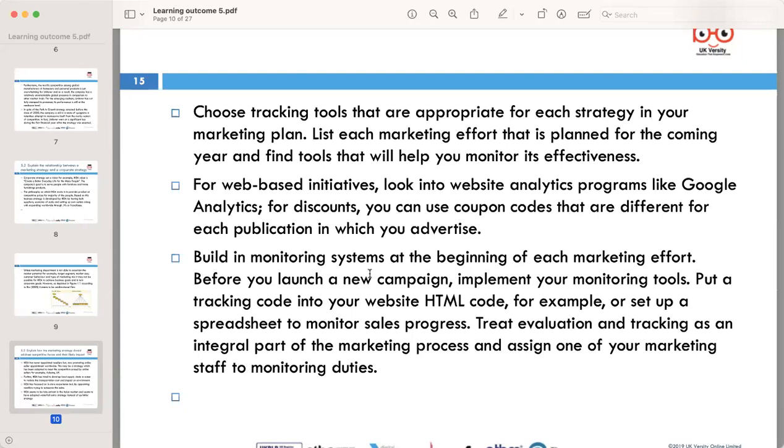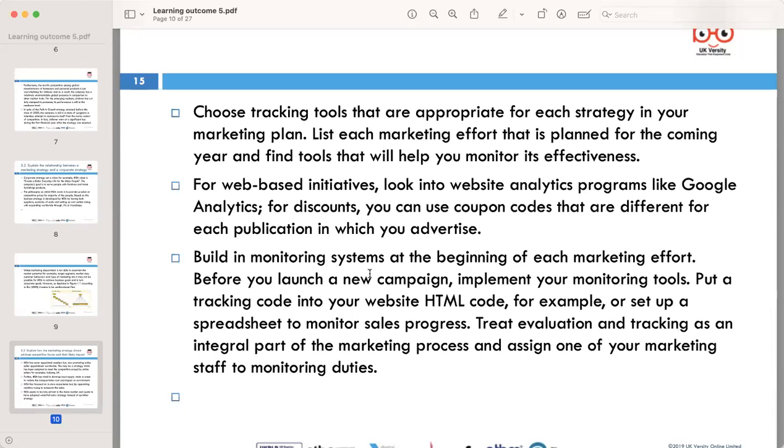For web-based initiatives, tools like Google Analytics can provide valuable insights. To track the impact of discounts, consider distinct coupon codes for each publication in which you advertise.